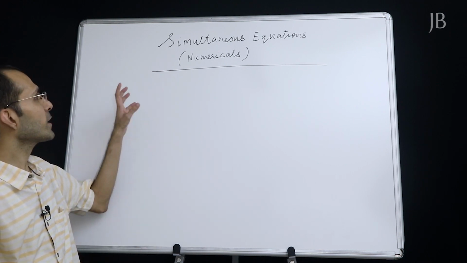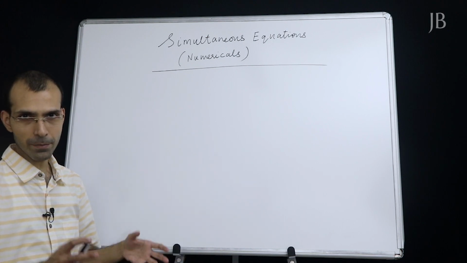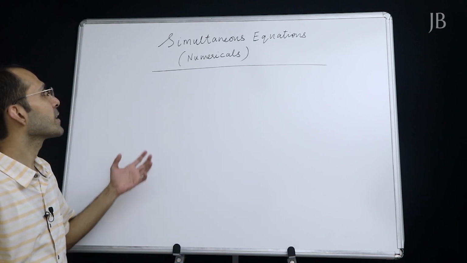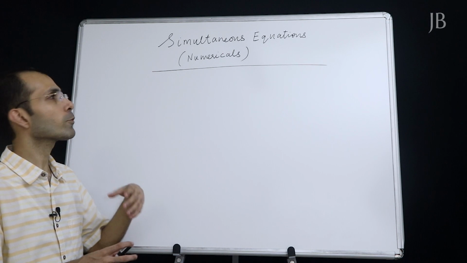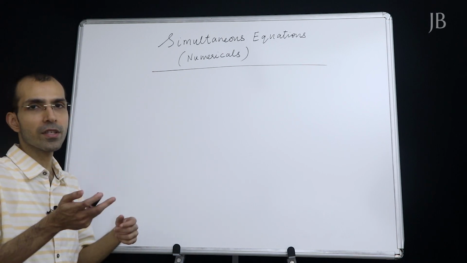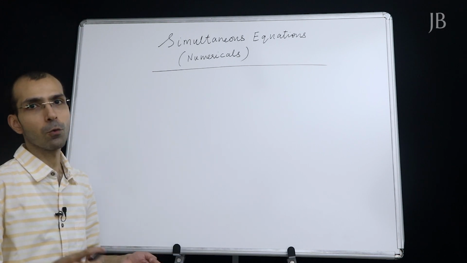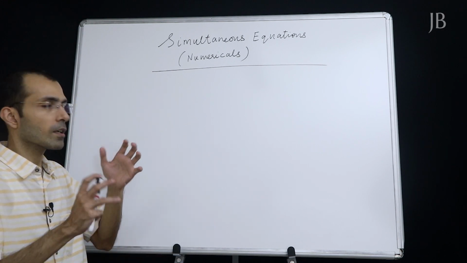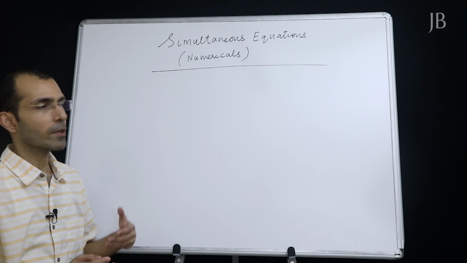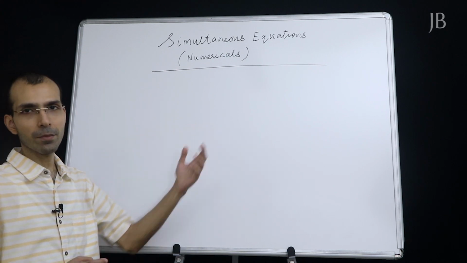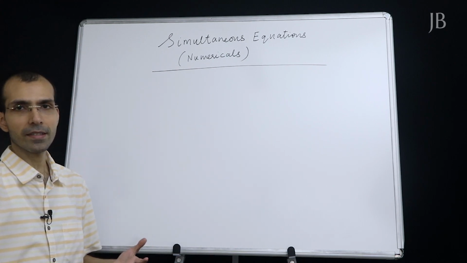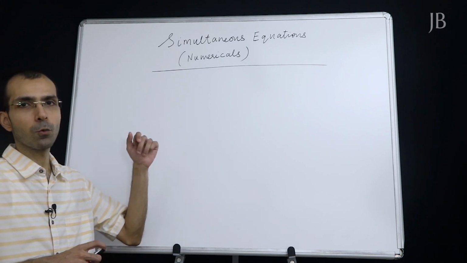So here we restrict ourselves only to 2 variables as per the syllabus, and degree also will be 1. So therefore it is known as simultaneous linear equations. In linear, the degree is 1, and there will be 2 variables only, because simultaneous can also mean 3 variables, but we have only 2 variables in our syllabus and degree will be 1.